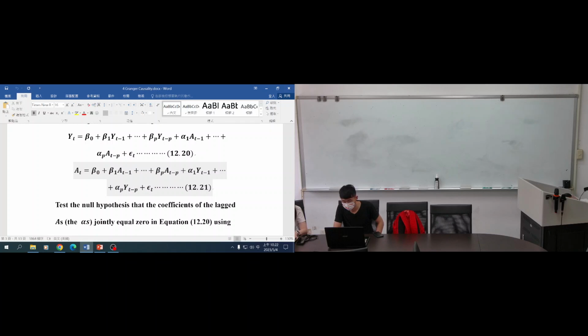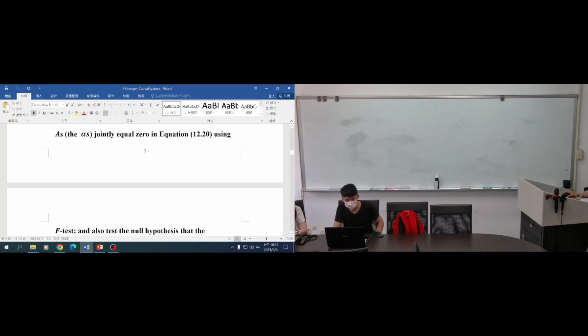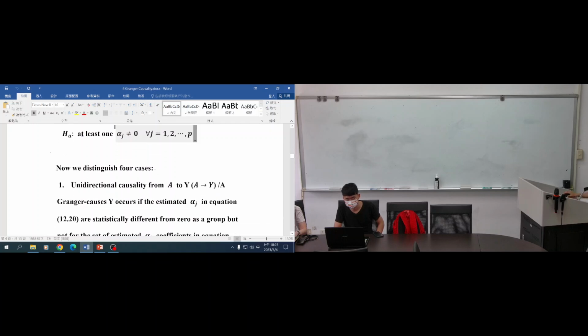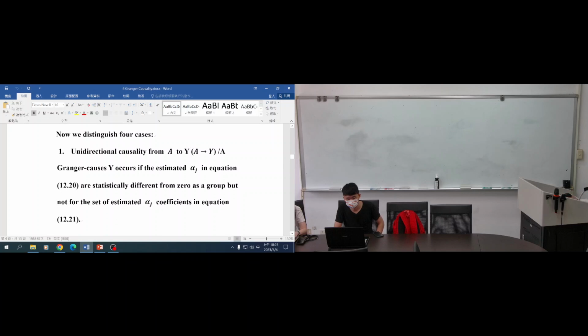So if we jointly test alpha 1 to alpha p, with the alternative hypothesis that at least one alpha j is not equal to 0, there are 4 cases. The first one is what we call unidirectional causality from A to Y. What does that mean?